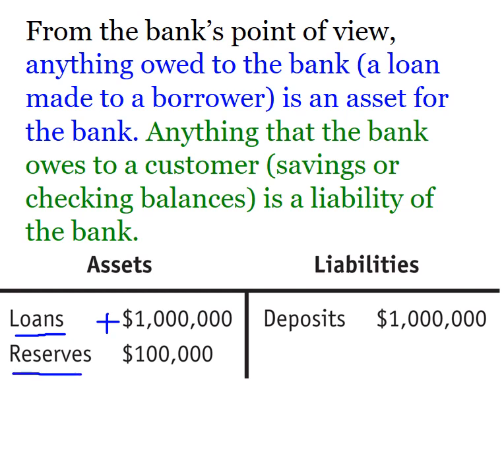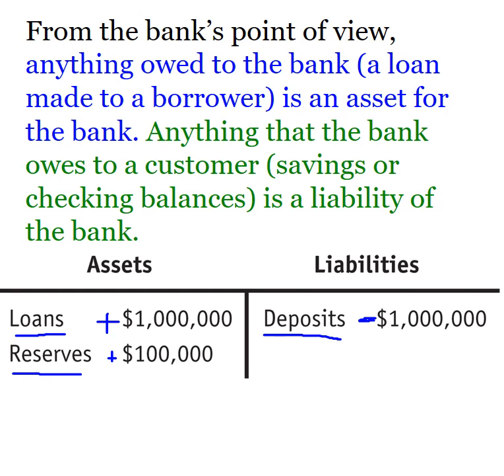Reserves are also assets for banks. The idea is people deposit money into the bank, and the bank has to keep some of the money in reserves, but that's value that they have, money that they could use. Deposits, in this case, these could be checking accounts, savings accounts, whatever, they are liabilities. Because even though it looks like this bank has $1 million, it's not actually the bank's money.